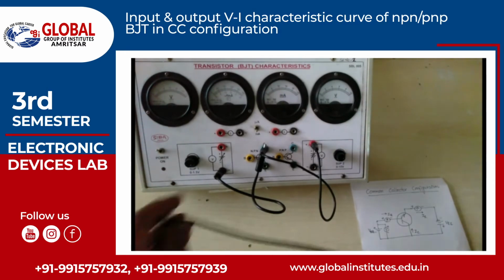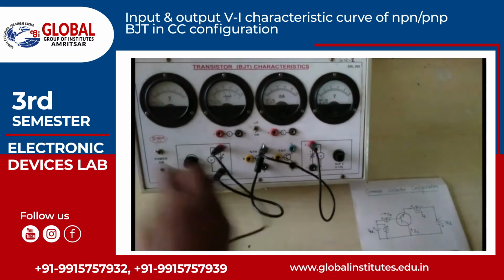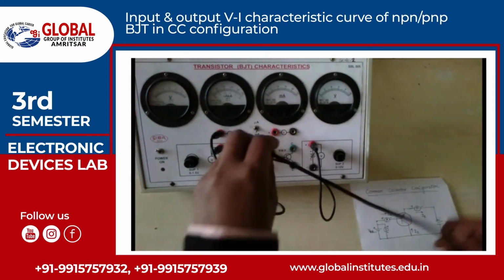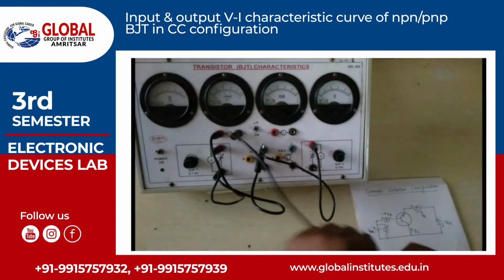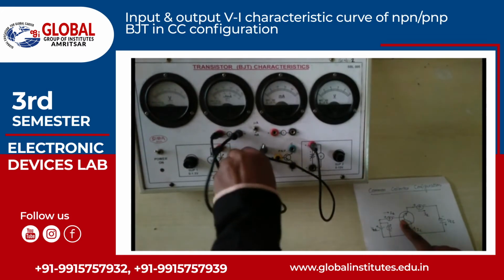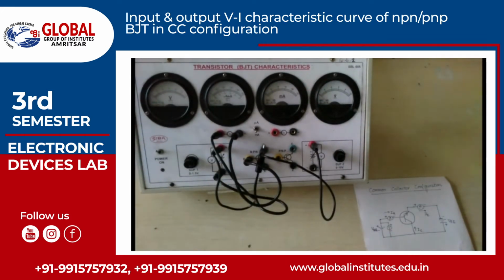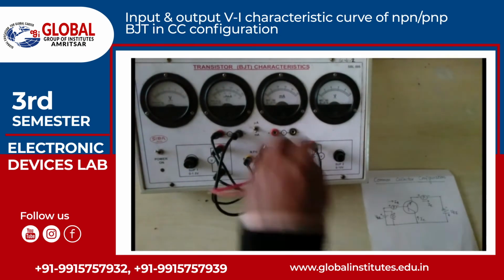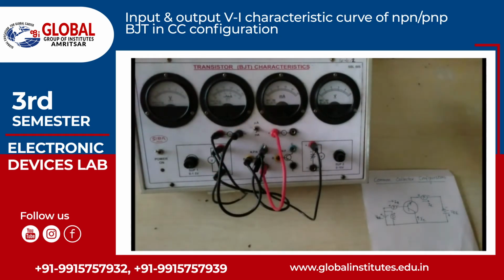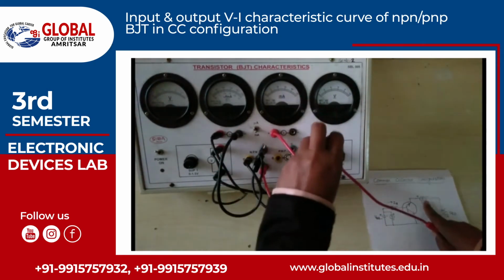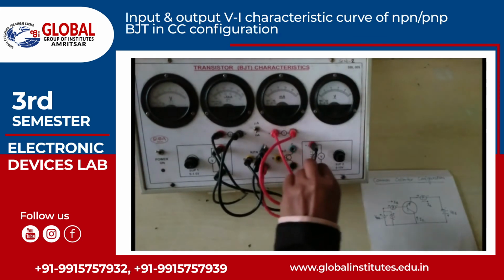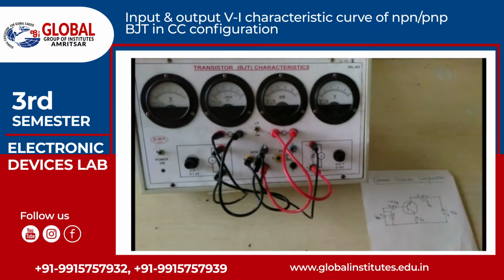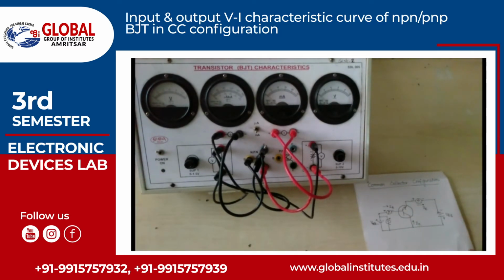Now connect the positive side of the voltmeter to the positive side of the ammeter and negative side of the first ammeter is connected to the base of the transistor. From emitter of the transistor, connect positive side of the ammeter and negative side of this ammeter is connected to the negative side of the voltmeter. This is the circuit diagram of common collector configuration.